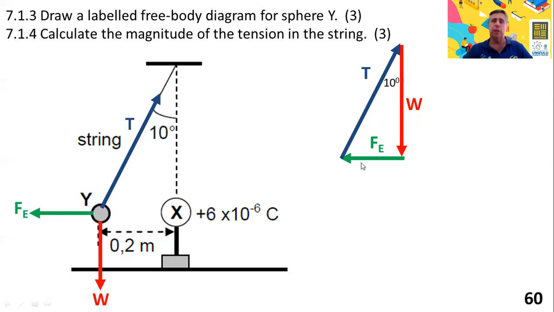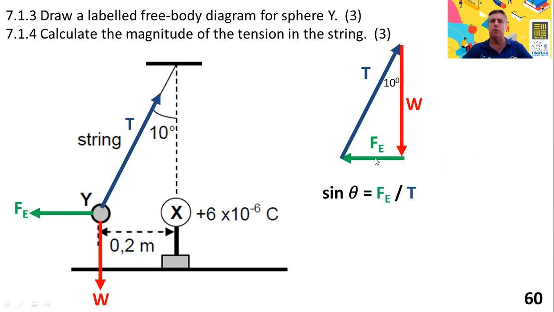You can do it in a slightly different arrangement, but because the 10 degrees was between the string and the vertical, and because the weight is vertical, it makes sense to do it this way. If you're not sure how I converted a free body diagram to a triangle of forces vector diagram, please discuss this with your teacher. Then it's just a bit of trigonometry.